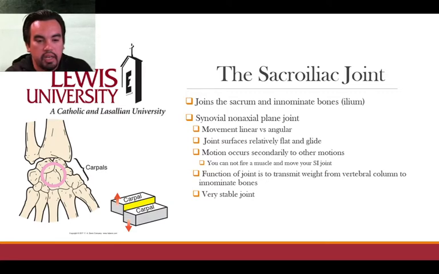And it is a very stable joint, however, it does become susceptible to all the torque forces that happen throughout the body as it moves up from the lower half of your body or from the upper half of your body down to the lower portion. Since a lot of our motions that we ask our body to do revolve around rotation, a lot of times this joint does become susceptible to a mild to moderate dysfunction.